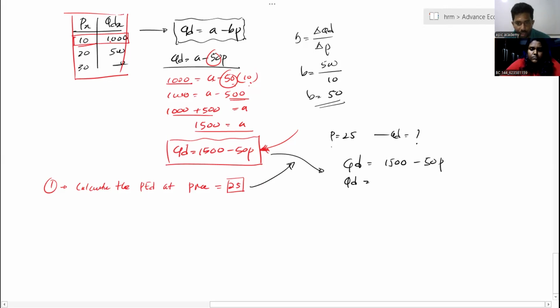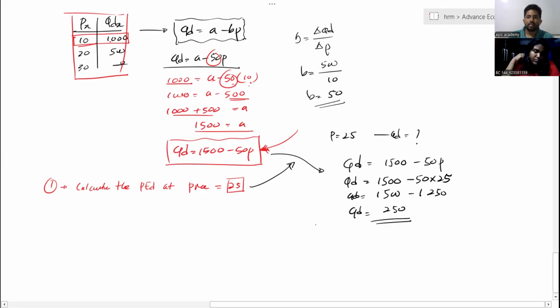So 50 multiplied by 25 is 1,250. 1,500 minus 1,250, so QD becomes just 250.